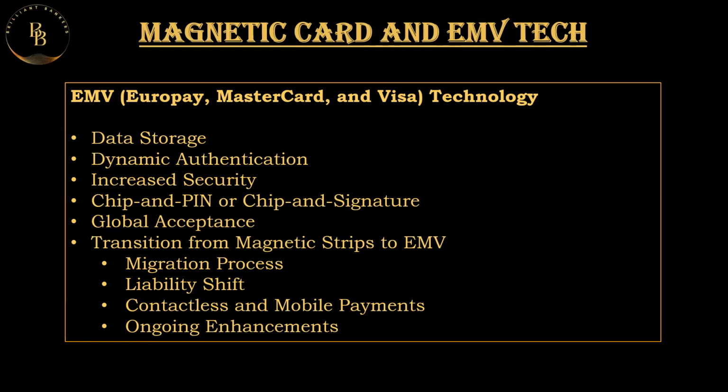The migration process, wherein many countries have been transitioning from the magnetic strip cards to EMV technology to enhance the security and reduce the fraud that is being conducted due to the cards. The liability also. In some regions, a liability shift has been implemented, making merchants responsible for fraudulent transactions if they do not support the EMV card.